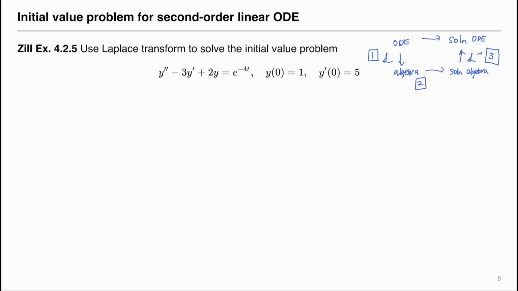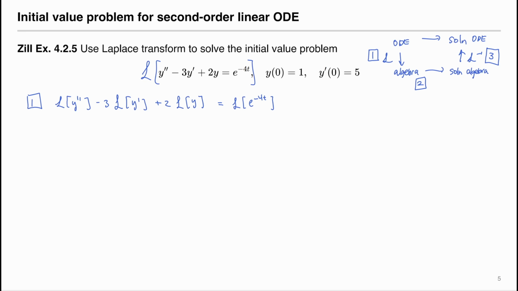Now let us do a second order example. And to solve this, we would take the Laplace transform of the ODE, both sides, as the first part. We'll have the Laplace transform of the second derivative minus 3 times the Laplace transform of the first derivative plus 2 times the Laplace transform of y equals the Laplace transform of e to the negative 4t.